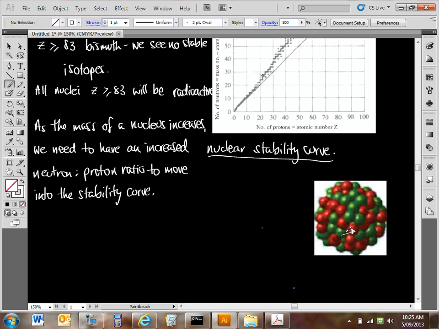It is only effective over a few nucleon diameters, not much. Strong force is short range.